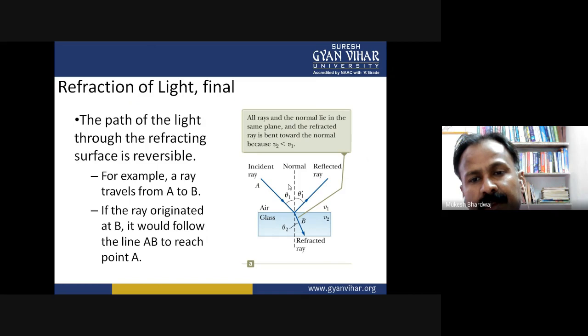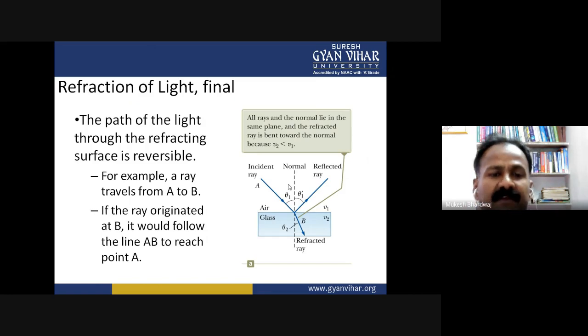Of the incident ray, some part gets reflected and some part gets refracted, that is, passes into the glass medium, and the light gets slightly bent towards the normal. This bending of light is known as refraction of light.